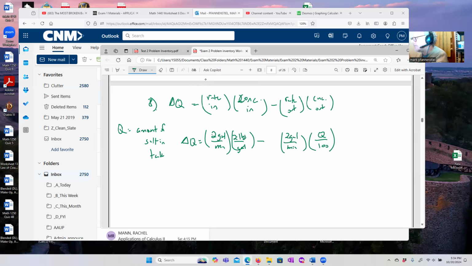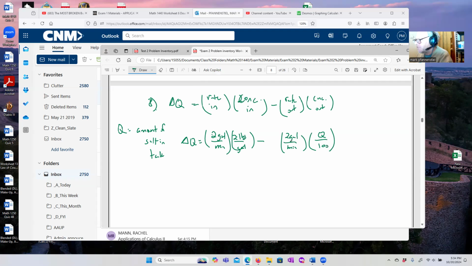I don't know how much is actually going to be in at one particular moment. As soon as I start the system up, I don't actually know how much salt is in the tank anymore. At time zero, I know it's 20 pounds, whatever it was. But right after that, I don't know how much salt is in there because some of this brine carrying salt came in. So I don't really know.